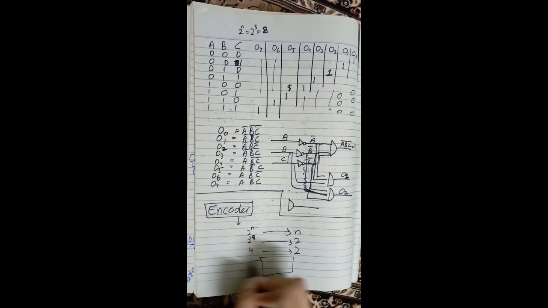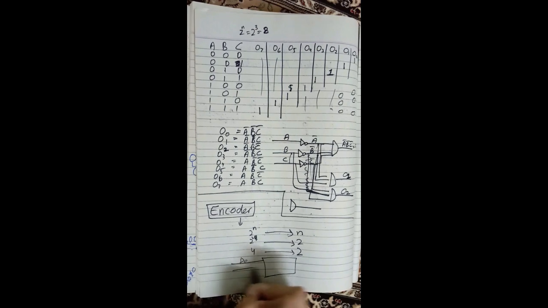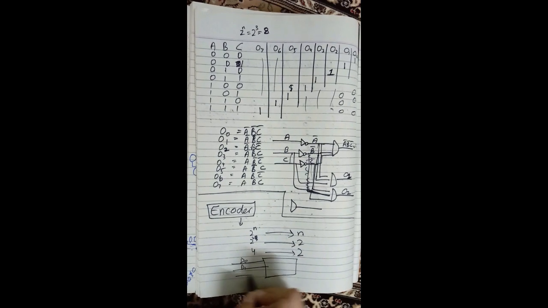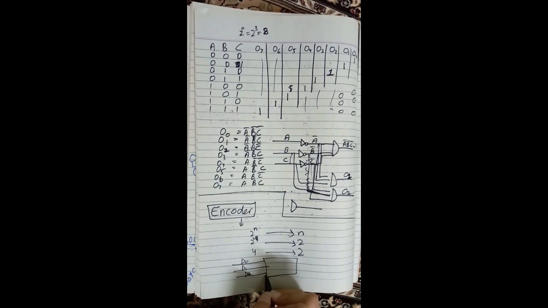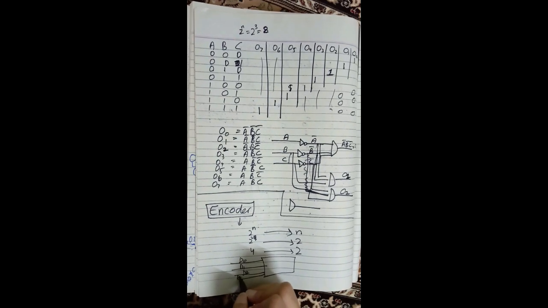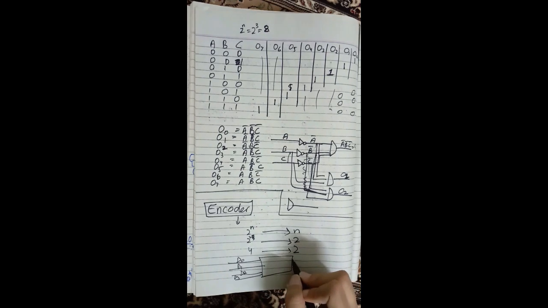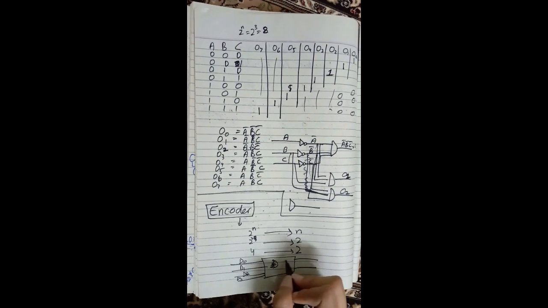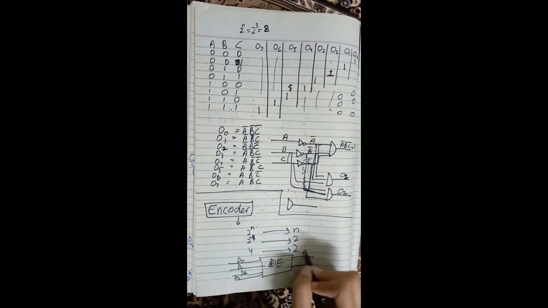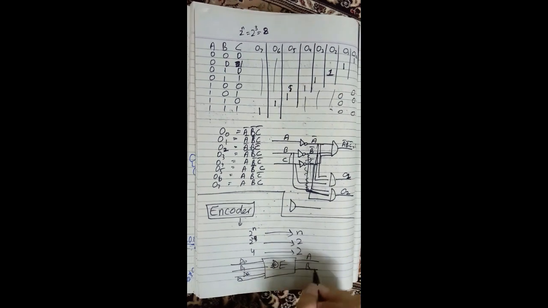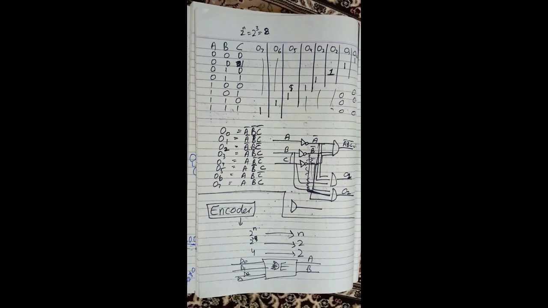We can draw it as the 4 inputs D0, D1, D2 and D3. But there will be the 2 outputs. It is our encoder and the output will be A and B. It will be the opposite of the decoders.